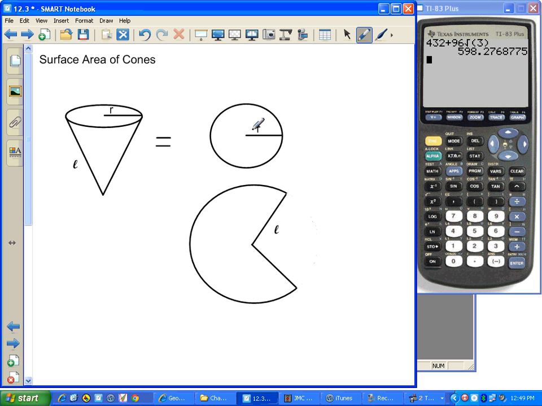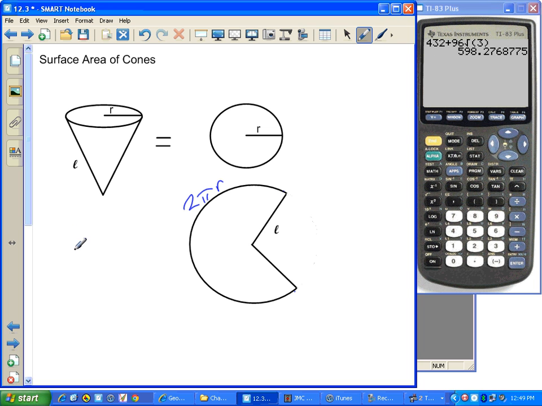So what we're actually going to do is use our circle, because this edge here, the curved part, is just long enough to go around my circular base, which means it would have a length of 2 pi r. So we're going to use that. So this is 2 pi r.